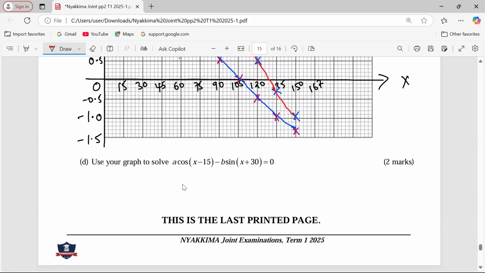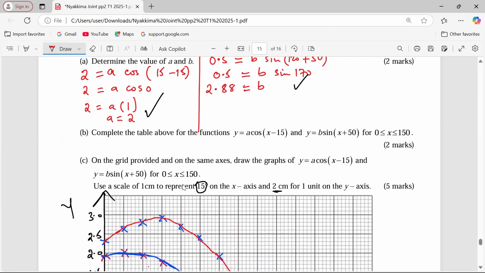Use your graph to solve a cosine of x minus 15 minus b sine of x plus 30 equals 0. You see now there is an error in that typing because we don't have x minus 30.